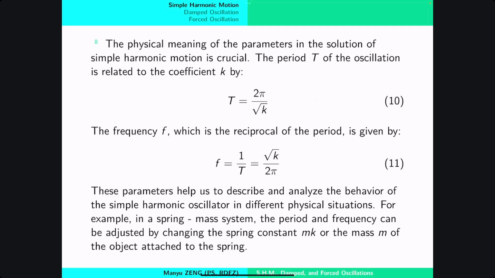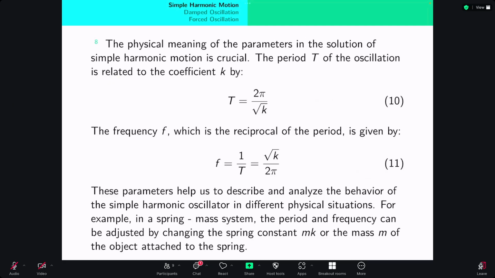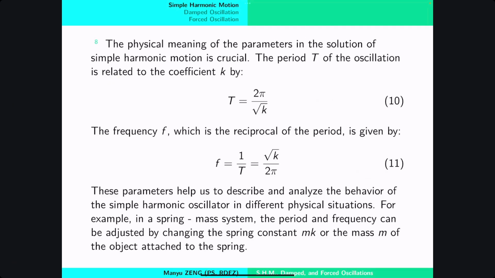So the period and frequency are not determined by the initial condition. The initial condition only affects the amplitude and the phase angle, but the phase angle is just a constant. It cannot affect the period, right? So the period and the frequency are only affected by the spring constant, which is k, or the mass m, right?